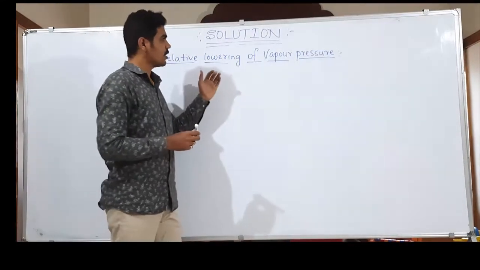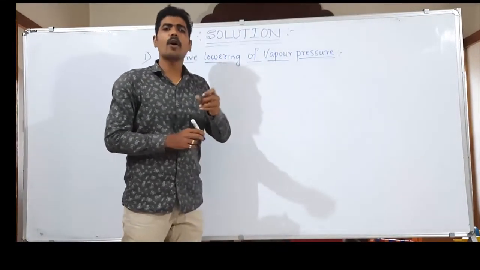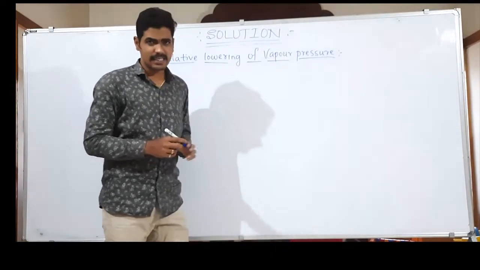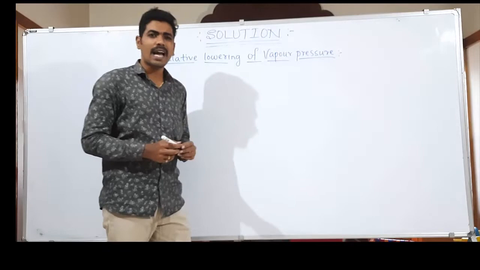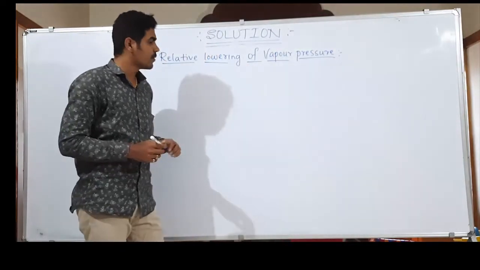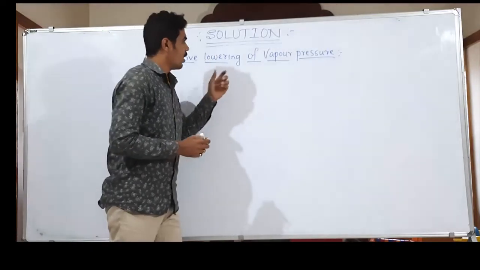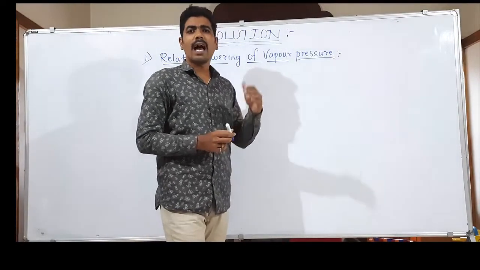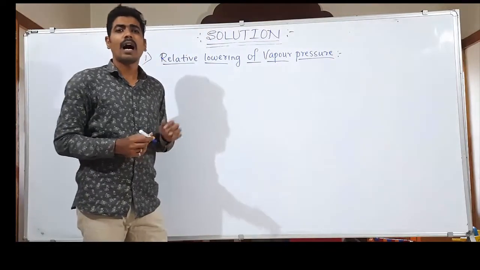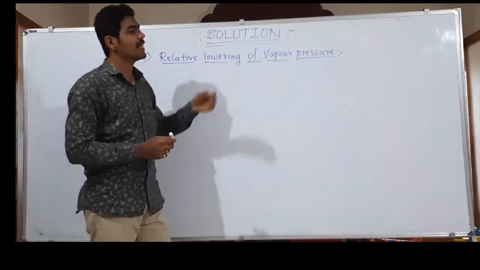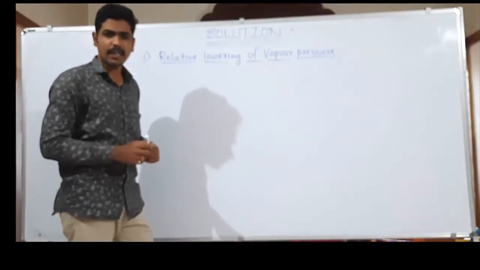So vapor pressure of the solvent upon addition of non-volatile solute decreases, and that is simply known as lowering of vapor pressure. Now, how are the lowering of vapor pressure and mole fraction related to each other?